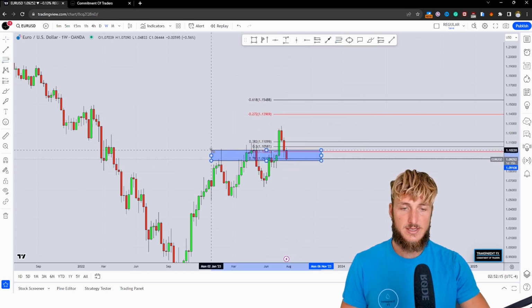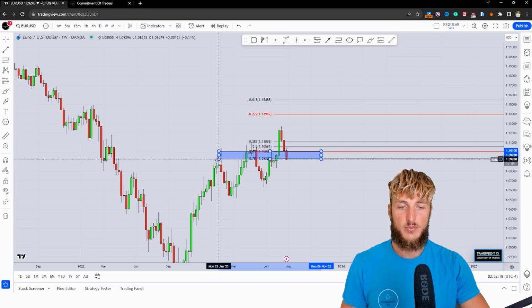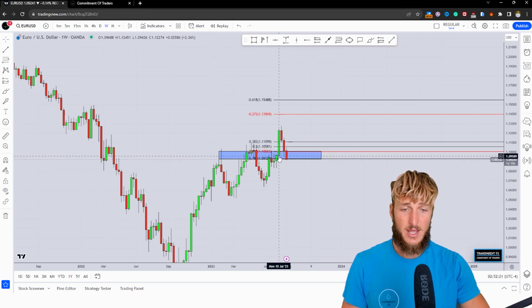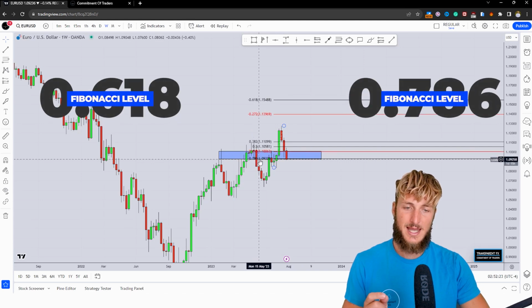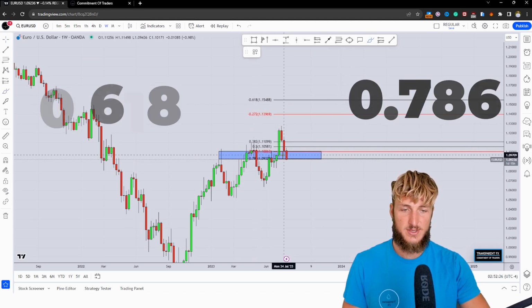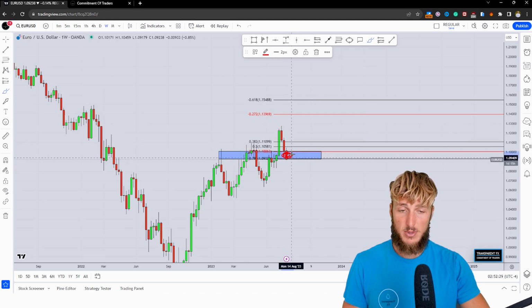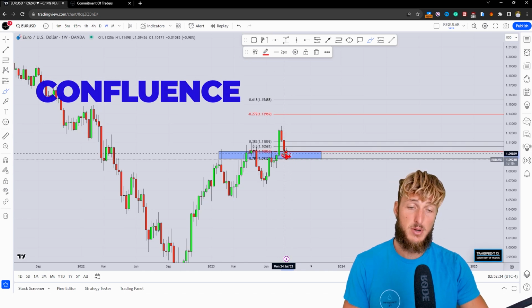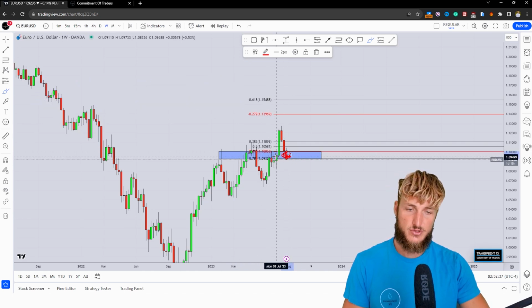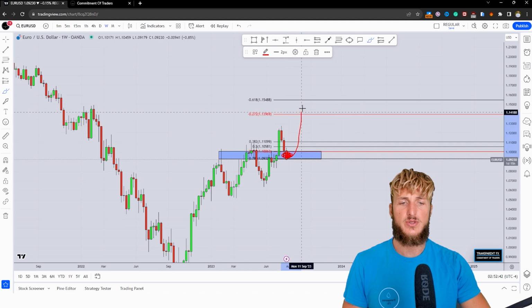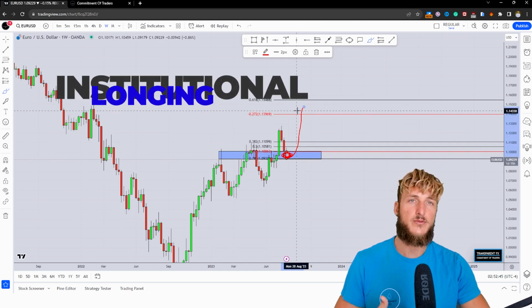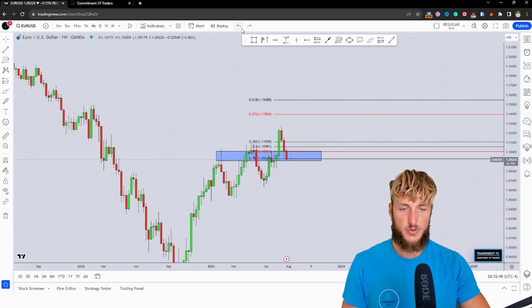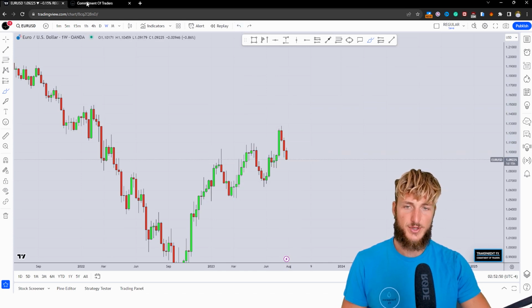And if we do that, we can see how we can actually be more precise in identifying our support level by noticing that we have the 0.618 and 0.786 Fibonacci retracements lining up exactly in this box, meaning that inside of here we actually have confluence of support given by both the Fibonacci levels and the previous structure resistance turned support, increasing the probabilities that inside of this area we could see institutional longing, at that point further increasing the probabilities of a potential rejection higher. And we will be speaking about what institutions are doing later on by looking at the COT data.